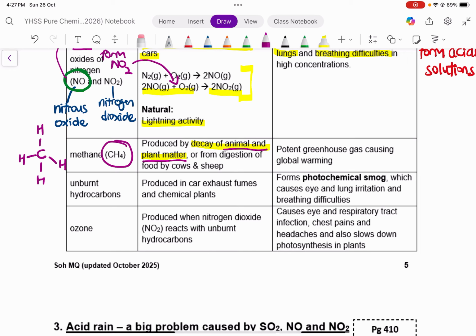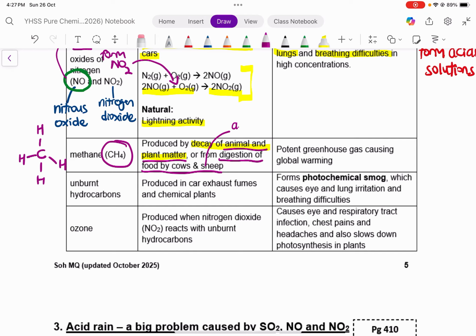Besides decay of animal and plant matter, digestion of foods by cows and sheep can also produce a lot of methane. This is why, generally speaking, the cow rearing, sheep rearing industry produces a lot of methane. Now this industry is called the animal husbandry industry.